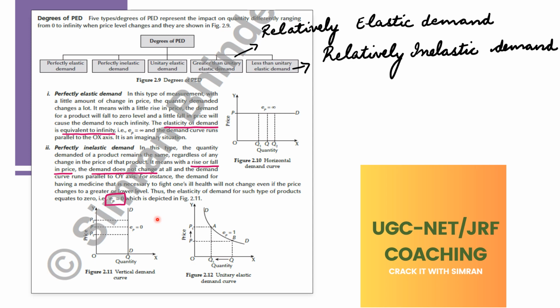Even if the price is changing, the demand of the product remains the same. So this is all with respect to perfectly inelastic demand. And because there is no change in quantity demanded, the elasticity of demand for such products equates to zero. It is represented as EP is equal to 0, indicated in this figure 2.11.